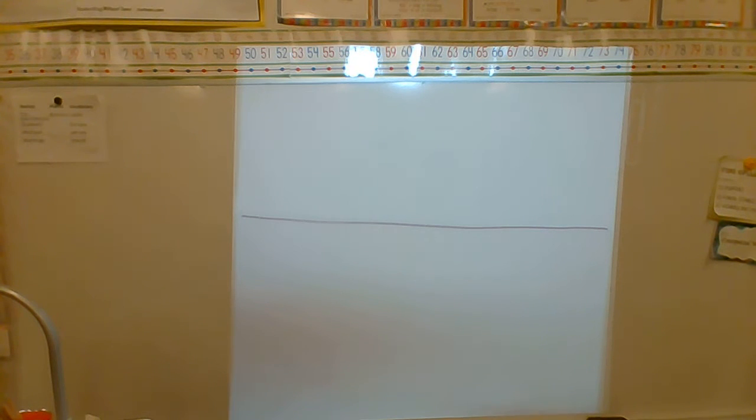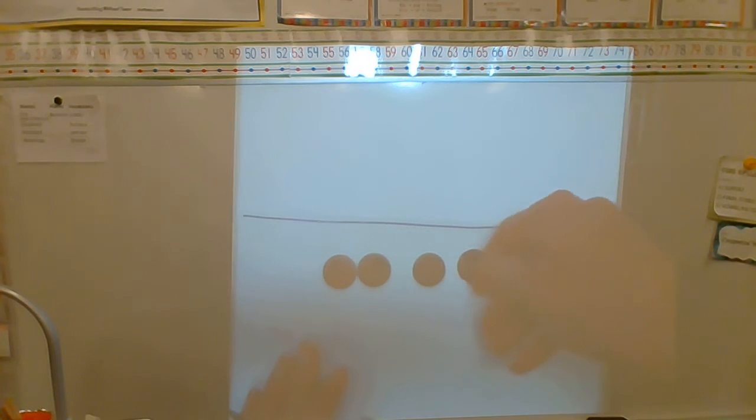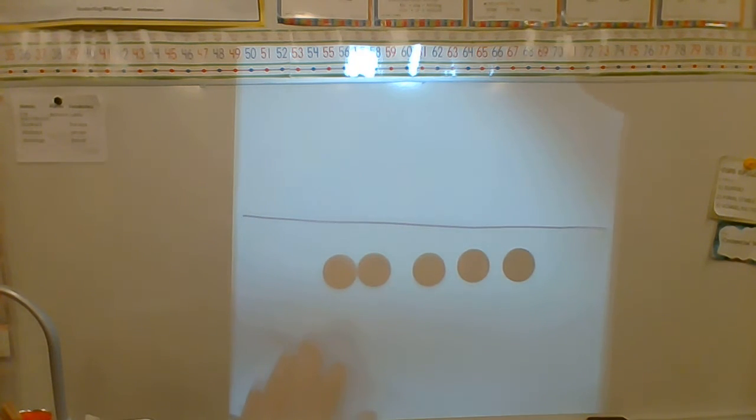What strategy did you use? Did you count 1 for you, 1 for me till you ran out of pennies? Or did you think of a doubles problem where the answer is 10? That's right. A doubles problem where the answer is 10 would give how many pennies to you? That's right, 5. And how many for your friend?